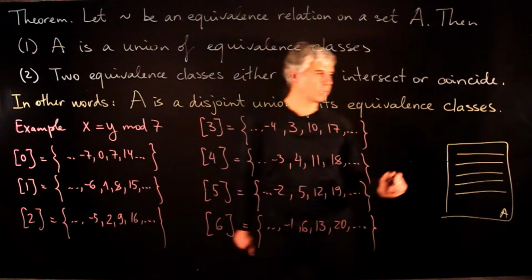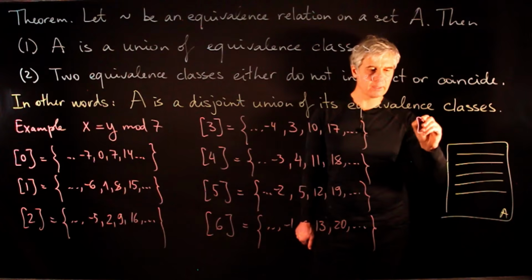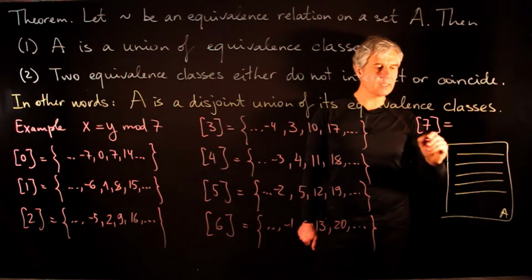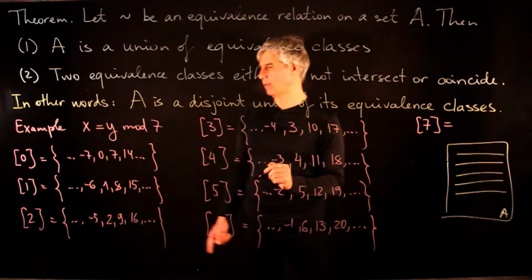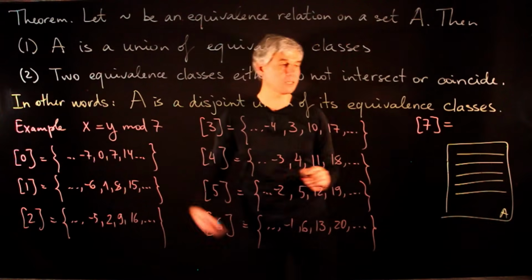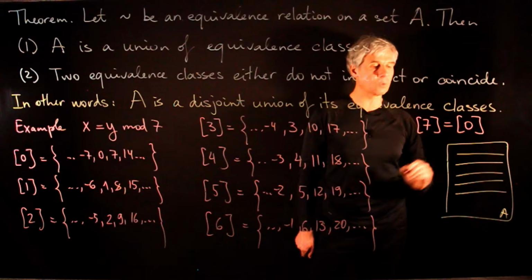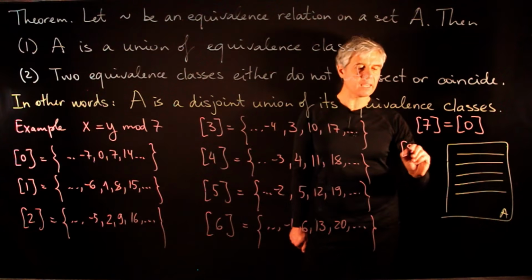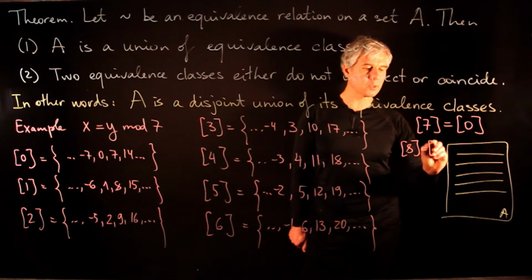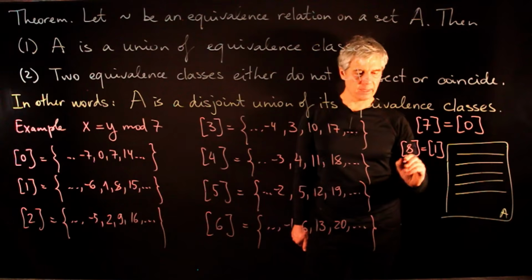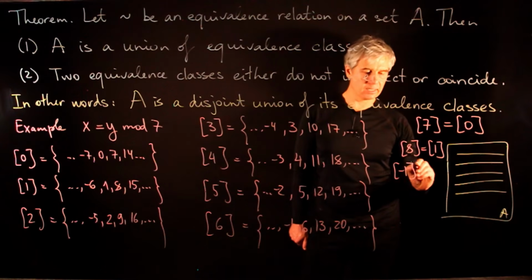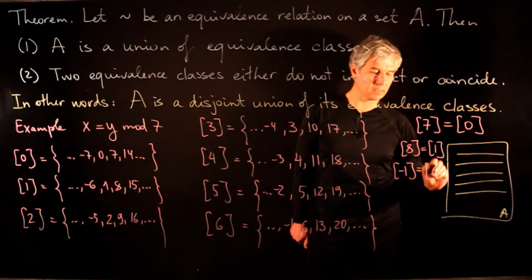And if we try to take a class of 7, then we will see that this class will be the class of all multiples of 7. So this means that the class of 7 is completely equal to the class of 0. And the class of 8 is completely equal to the class of 1. And the class of minus 1 is exactly the same as the class of 6.